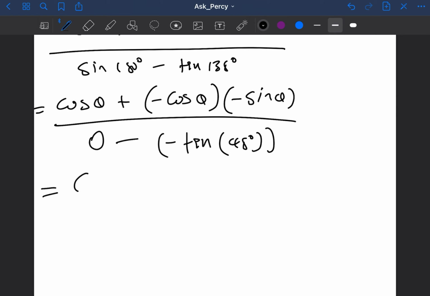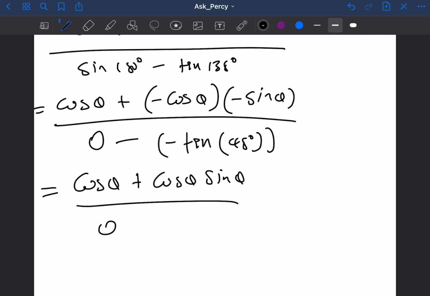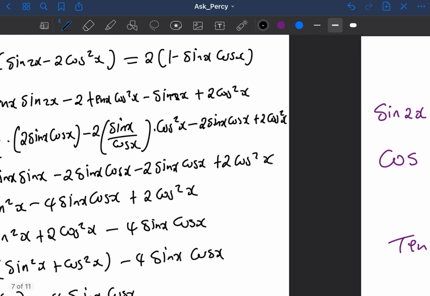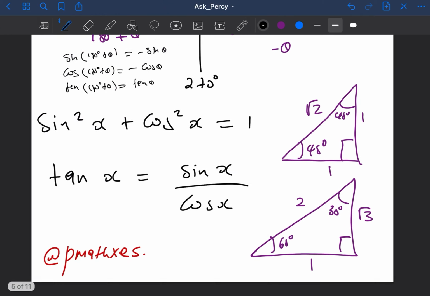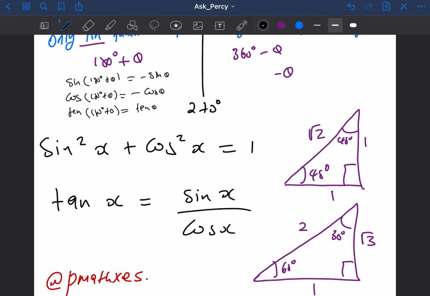And of course, this negative and this negative cancel and become positive, so you have positive cos theta sine theta over 0. Again, this negative and this negative become positive, and tan 45 is 1. You can check that on your diagram here.